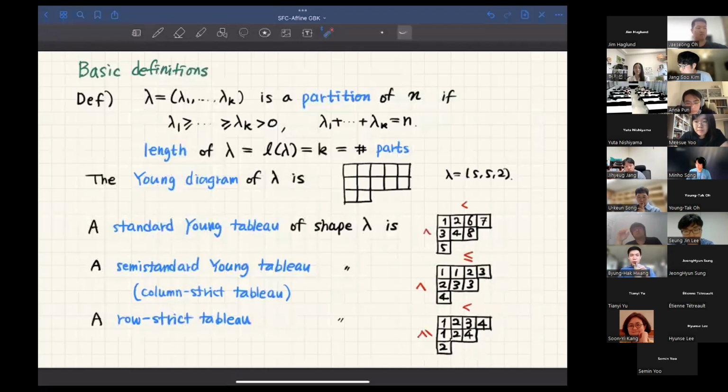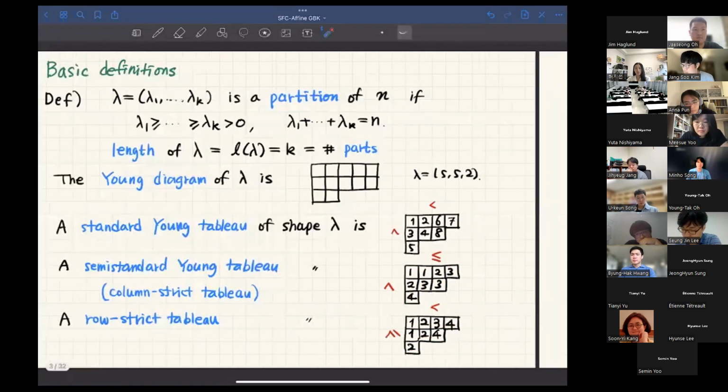And integers are weakly increasing in each row and strictly increasing in each column. And a row strict tableau is defined exactly the same way, except that the strict inequality along columns now becomes strict inequalities along rows. All right, so basic definitions. I'm sure that these will be used throughout this workshop.